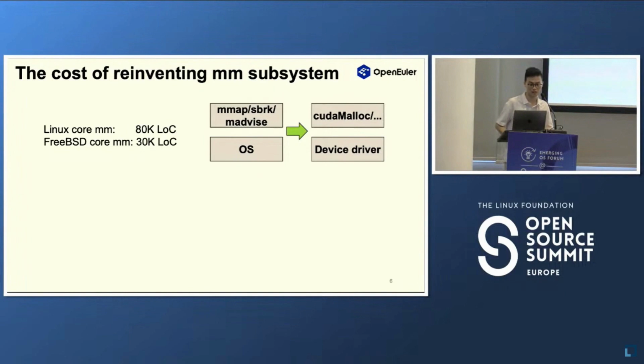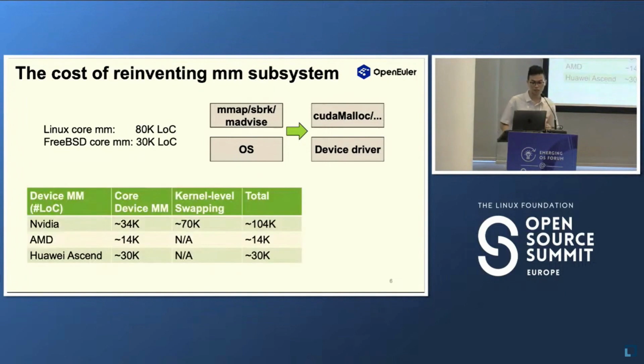But when it comes to device drivers, for example NVIDIA's CUDA driver, it spans 100,000 lines of code, with 30,000 lines from its GPU MM and 70,000 lines from the UVM driver, supporting kernel-level swapping. We also looked at the AMD driver and Huawei's Ascend driver. They share a similar magnitude of memory management code.